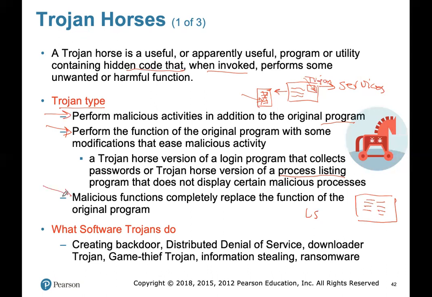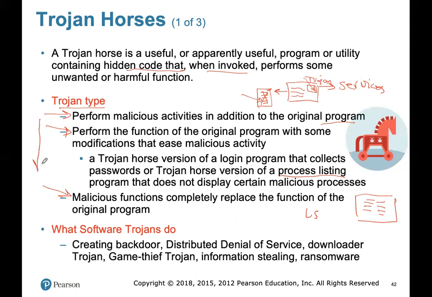And the third approach in developing a Trojan is that a malicious function completely replaces the function of the original program. It means that after your application gets infected, your Microsoft Word, when you open it, you see a totally different thing, which is, of course, again easier from the development point of view.